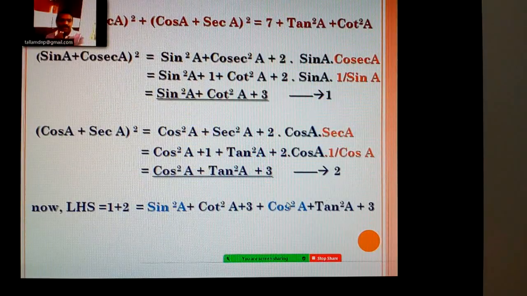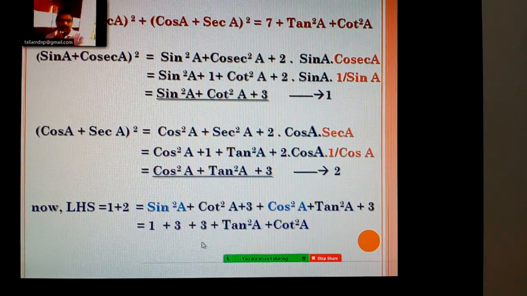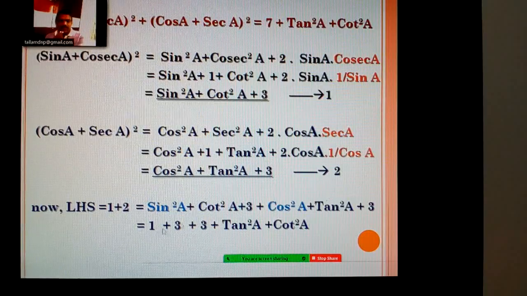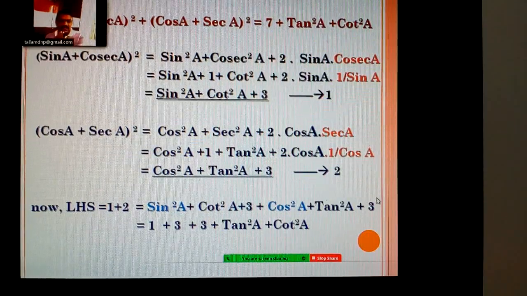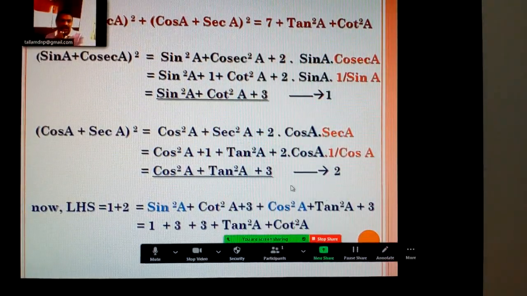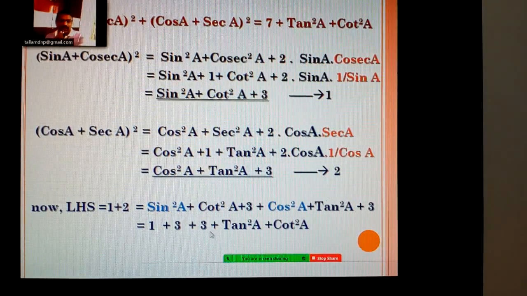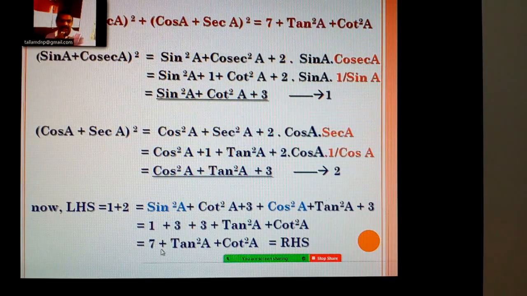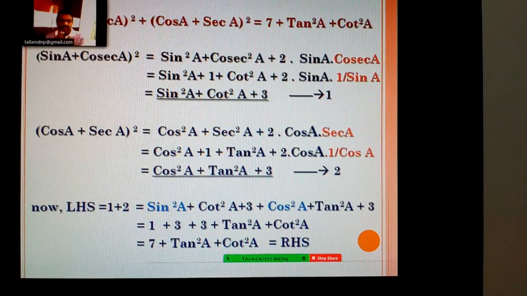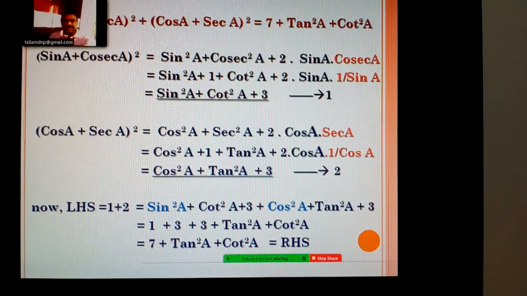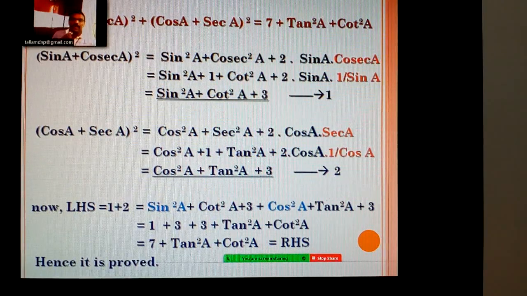So in the place of these two terms we can write 1. Then what we get? 1 + 3 + 3 plus tan² A + cot² A. So as we add all these numerals, what do we get? 7 + tan² A + cot² A, that is equal to RHS. Hence it is proved.